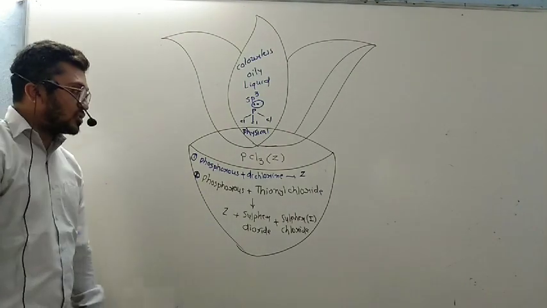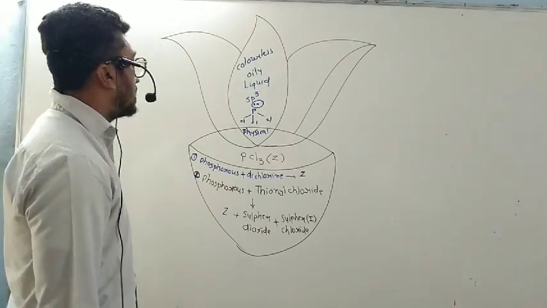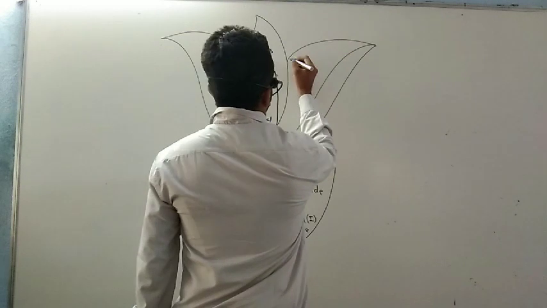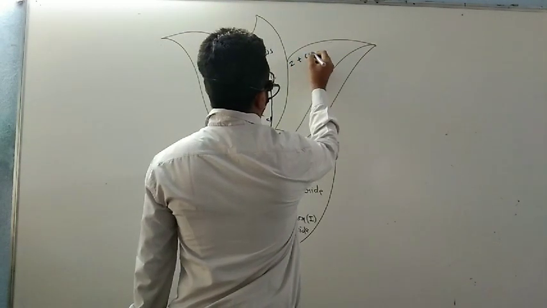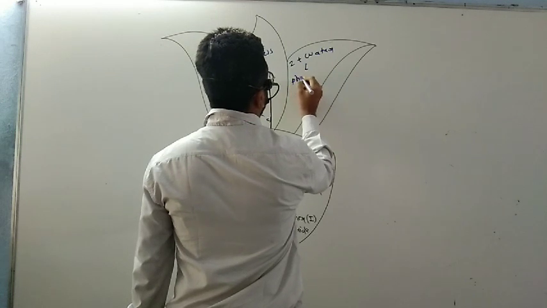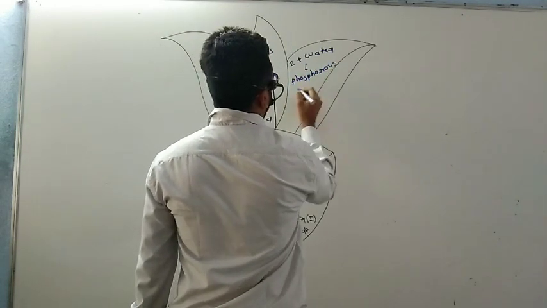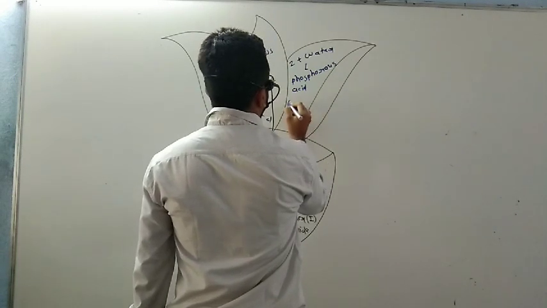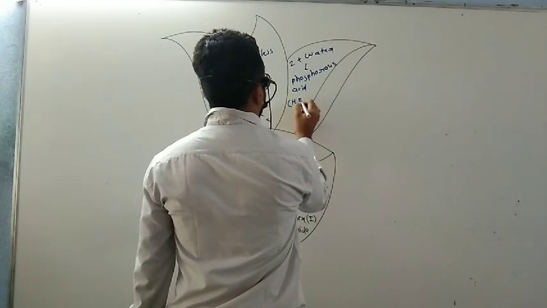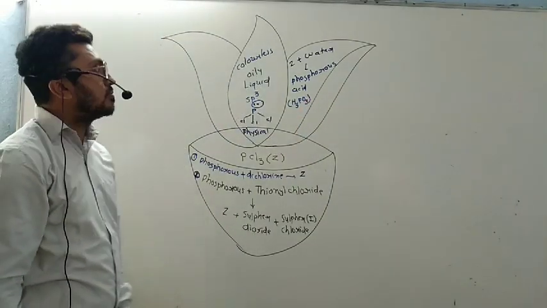Now, the next question is the chemical property of phosphorus trichloride. Okay, so Z reacts with water, it forms phosphorus acid. The formula for phosphorus acid is H3PO3.